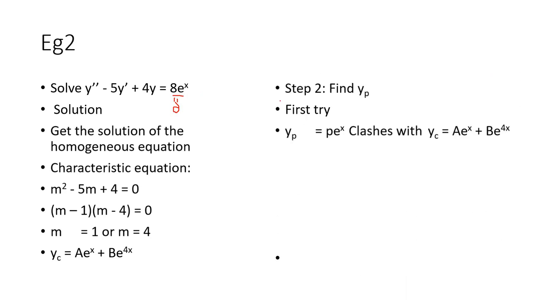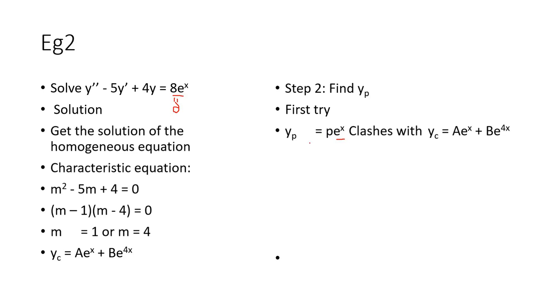If the f(x) is exponent x, we'll choose the yp also exponent x. Here if exponent 1x, then you choose your yp as p exponent x. If you don't like p, you want to use capital C also can. But don't use a and b, because a and b already used.